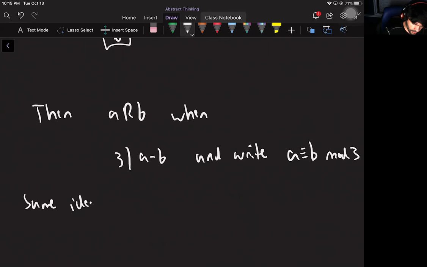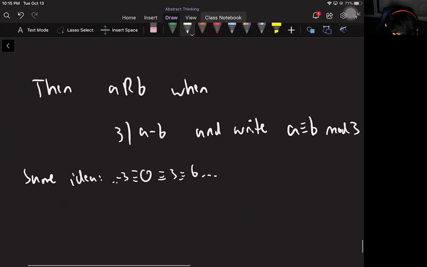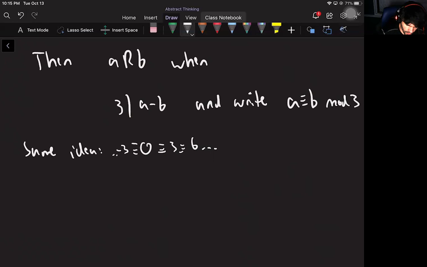All the multiples of 3 will be the same, because if you subtract 2 multiples of 3, you'll get a multiple of 3. But then if I start counting by 3s, but I start at 1 or I start at 2, then I'm going to get 2 other lists of things that are all the same.